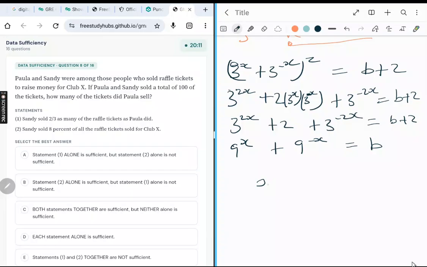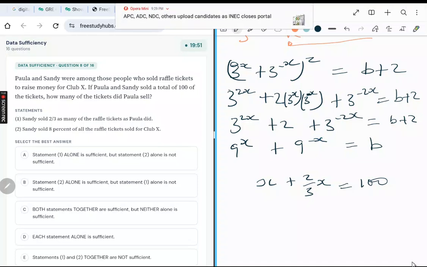Okay, so we can say S plus 2/3 S equals 100. So we solve for S. That is sufficient. Statement 2: Sandy sold 8% of the raffle tickets sold. What is the total? Remember that the total is not the same thing as this 100. So only statement 1 is sufficient.